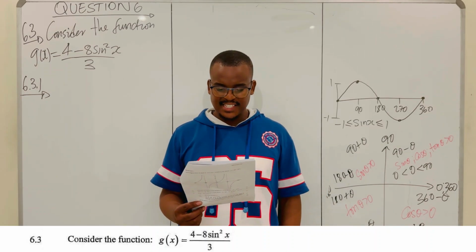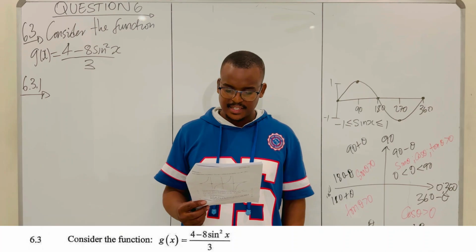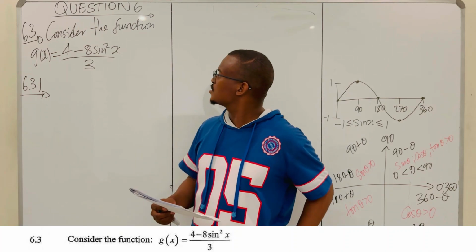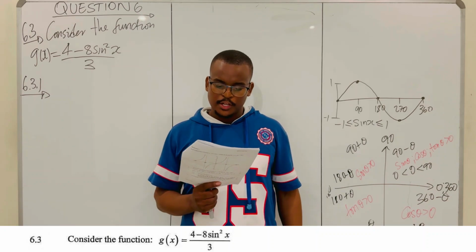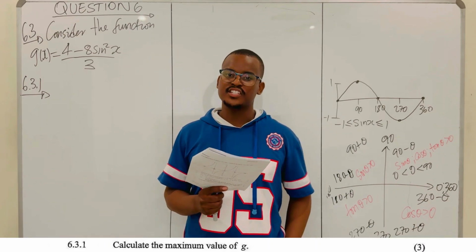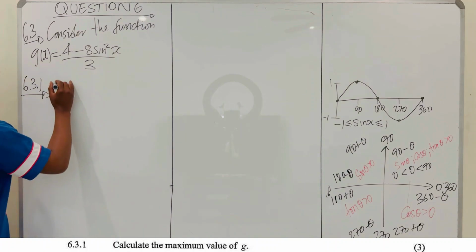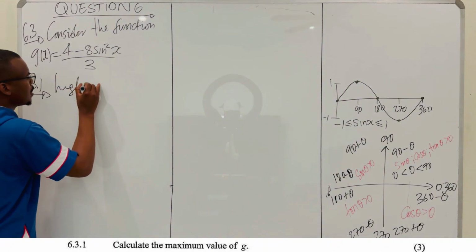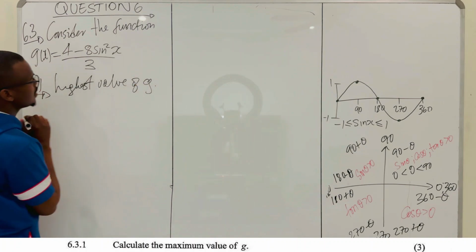In 6.3, they're saying consider the function g of x is equal to 4 minus 8 sine squared x, all over 3. So they want us to think about this function over here. They're saying calculate the maximum value of g. They want us to find the highest value of g, right?